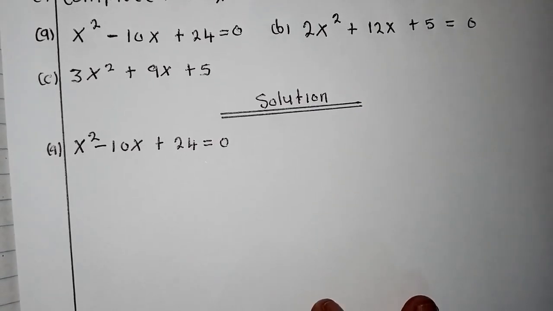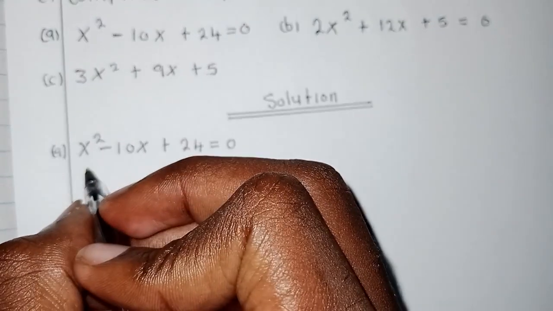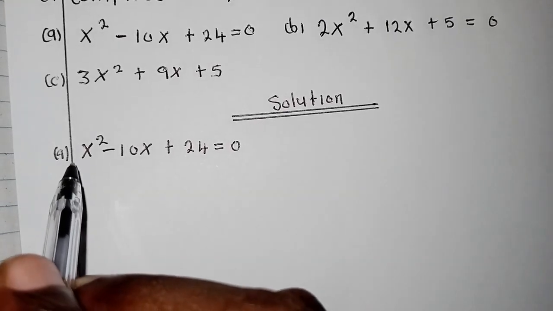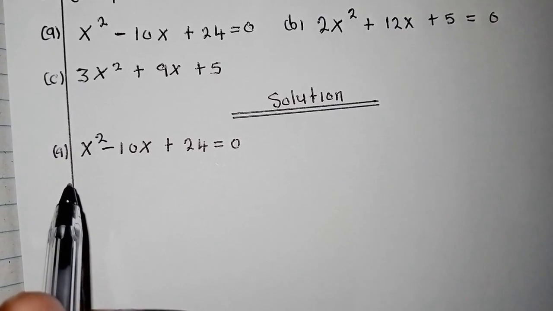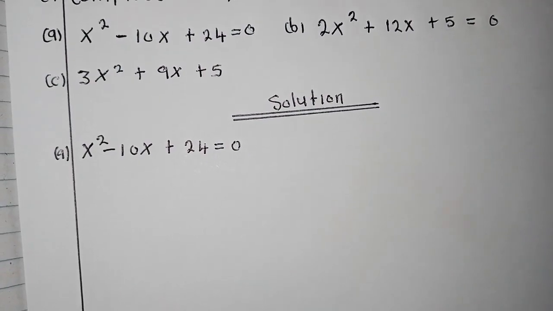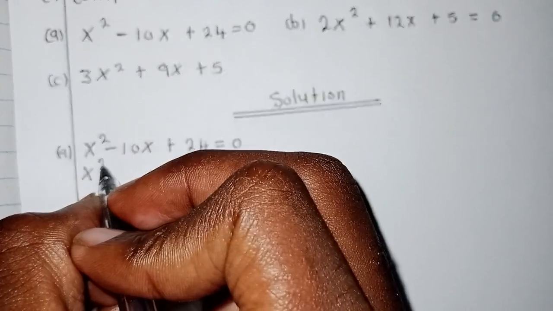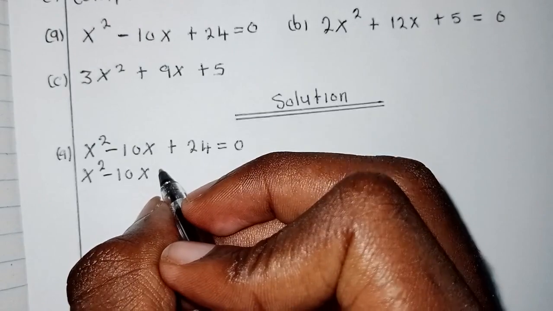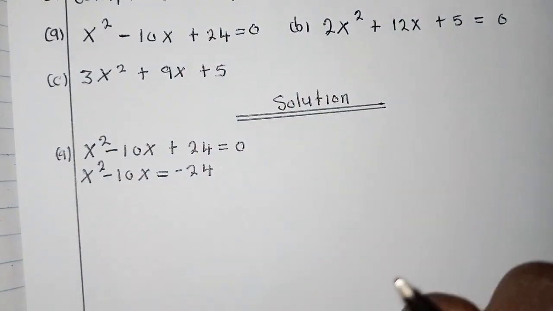All right. So the first thing to do is simply to take the 24 to the other side. And you also have to check to ensure that this x doesn't have any coefficient, or you make sure that its coefficient is 1. Since the coefficient of x is 1 already, we don't have to be worried. So this is going to be x to the power 2 minus 10x equal to negative 24.